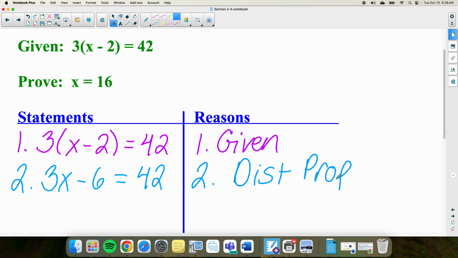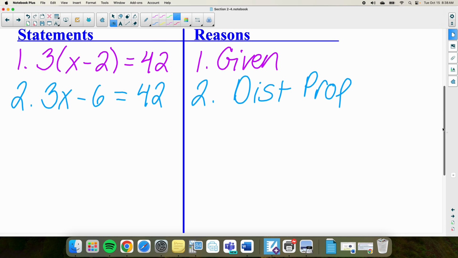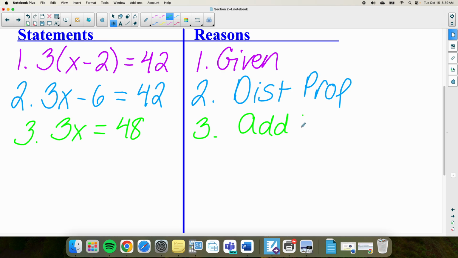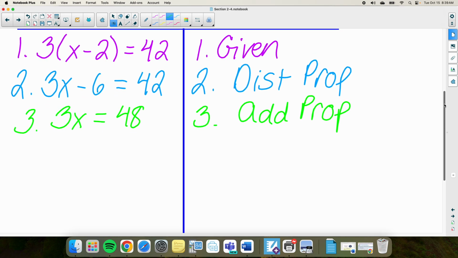Okay. Then if I look at step 3, what would I do? Addition, right? I'm gonna add 6, so I get 3x equals 48, and that would be addition, and make sure you put prop. Okay, then am I ready to be done?